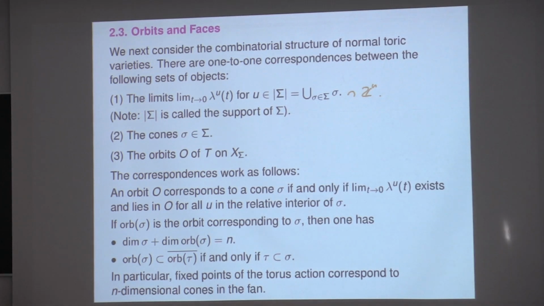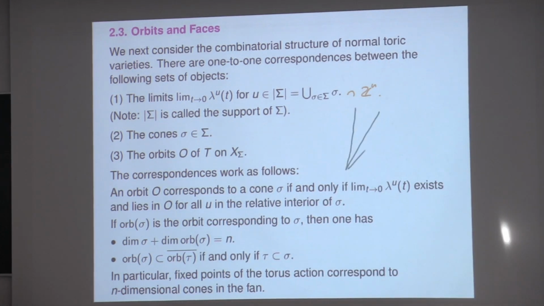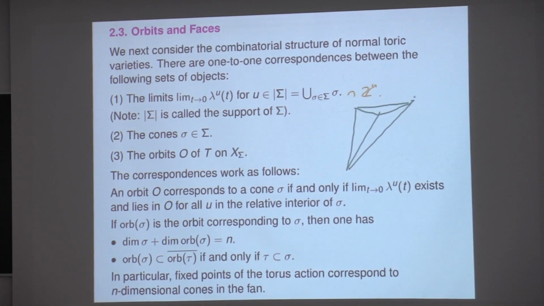And then you can say, hey, you never told us what relative interior is. Let me say, it is what one would guess it is. For example, if we are in this case where I'm trying to draw a three-dimensional cone, I just drew it kind of truncated, but it goes upwards. To get the relative interior, remove the proper faces, and what you are left with is the relative interior.